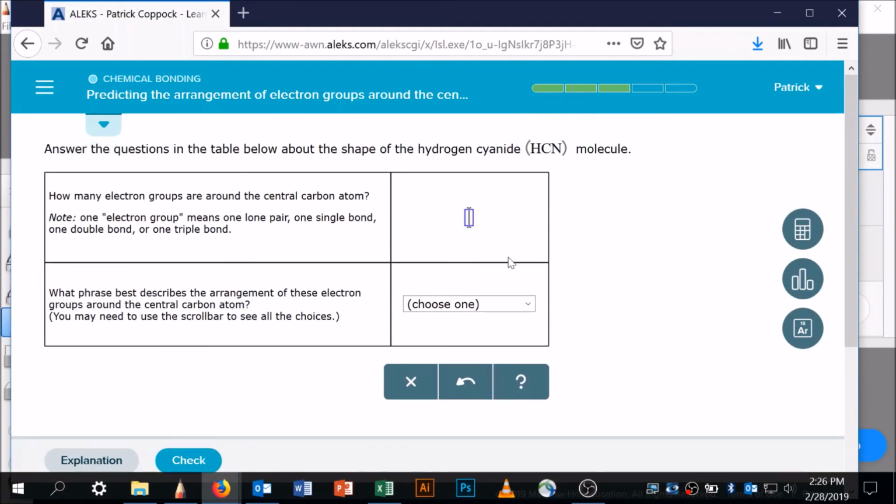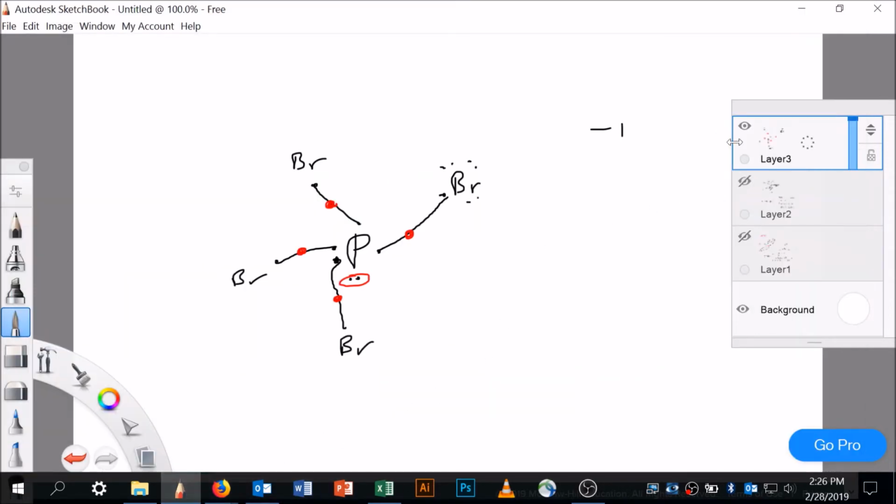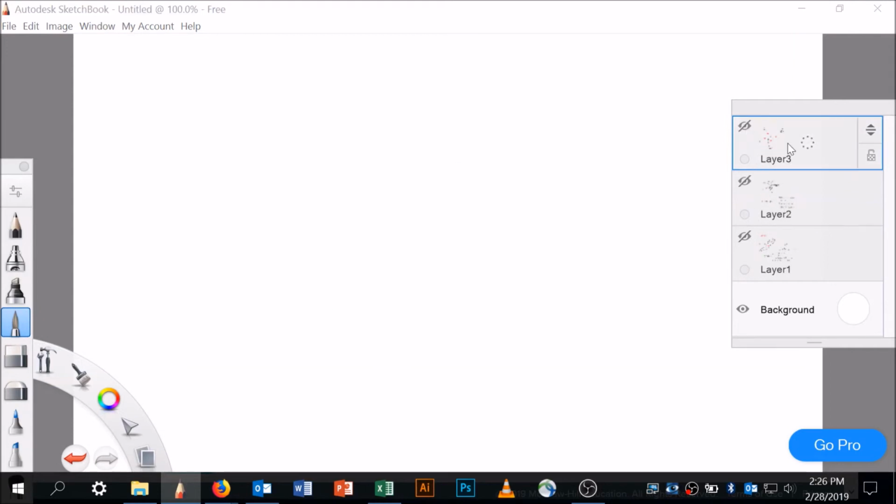All right, let's do HCN. We're looking at the central carbon atom. Let's go here, and it was HCN, right?